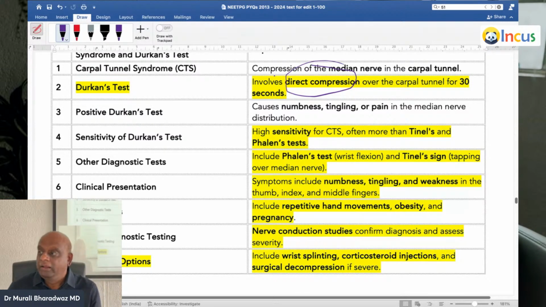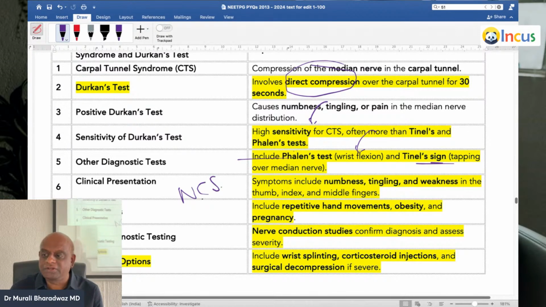So, Durkan's test has a higher sensitivity than Tinel's and Phalen's. So, what is Phalen? Wrist flexion. And Tinel is tapping over the course of the median nerve, which also will be very painful. That is called Tinel's sign. And often we use nerve conduction studies.